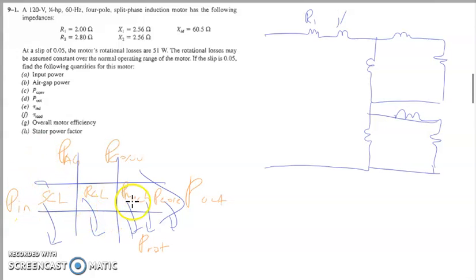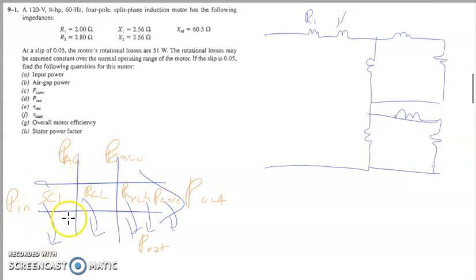From P in to P out, the first stage is P air gap, then P converted, with losses in between. Before P air gap we have the stator copper loss, so P in minus stator copper loss gives P air gap.